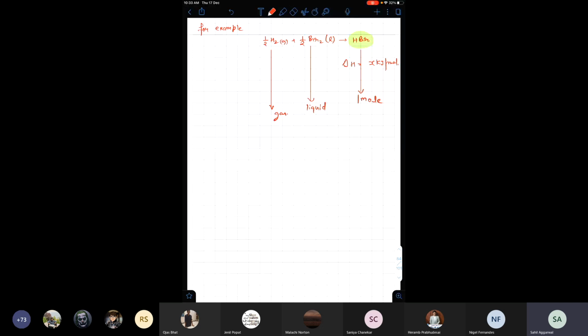Reactants are present in that form only. Yes, if you can speak up. Sanika, Spruha. Is this the enthalpy of formation?